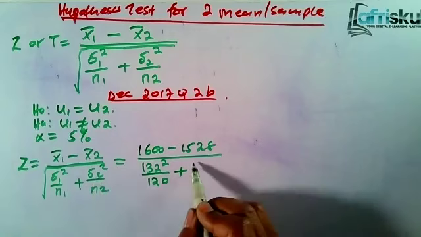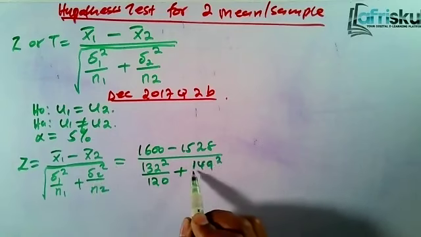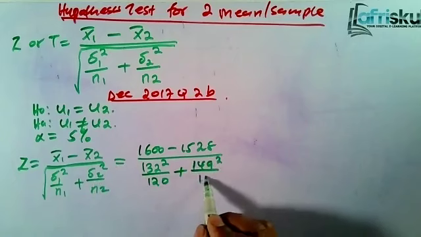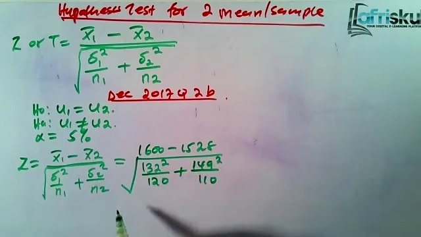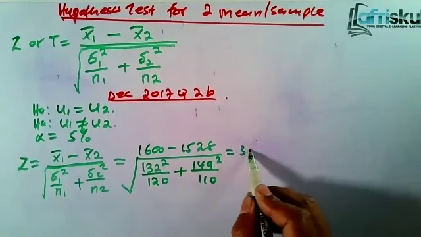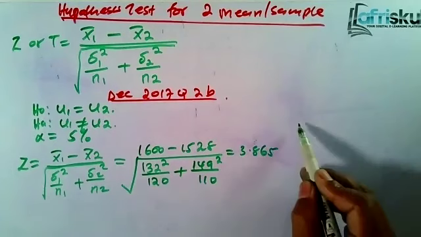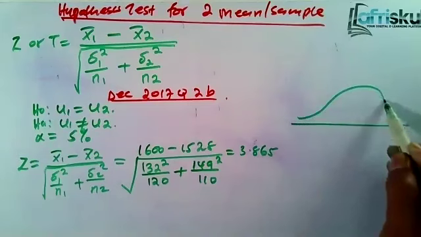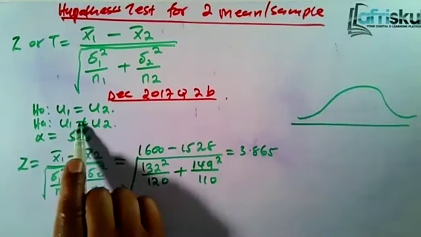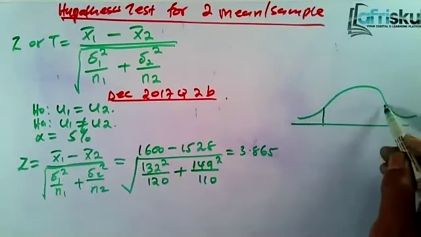Standard deviation here is 149 squared, n yake ilikuwa 110, and then you get the square root. If you do like that, you get 3.865. Then to determine whether to accept or reject, since this one is not equal to, kwa hivyo tunatumia a two-tailed test.